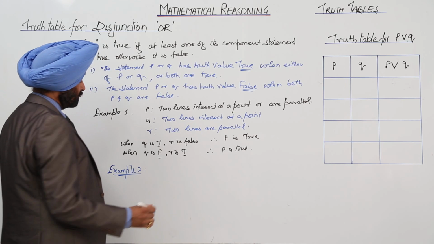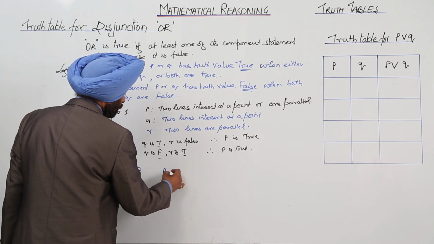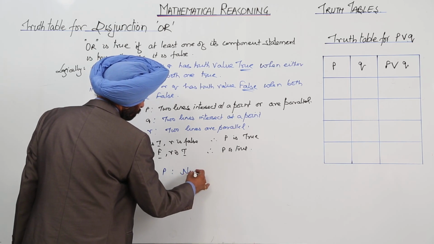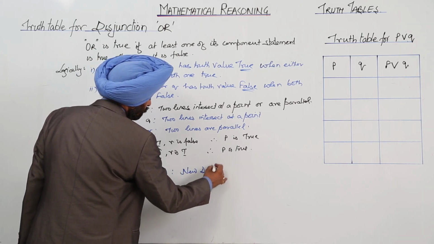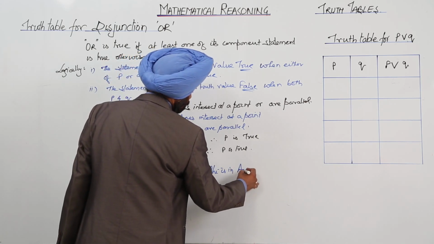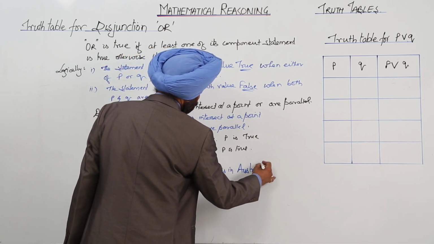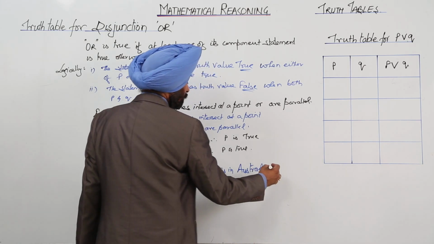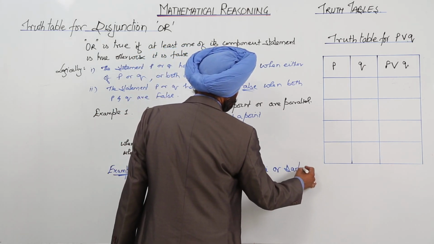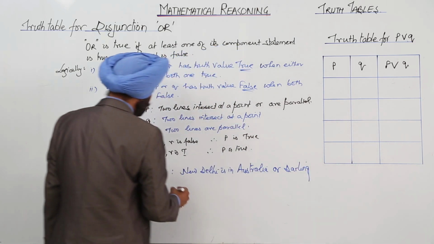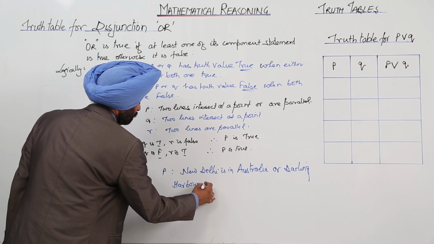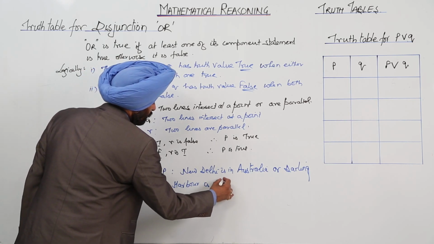Now example 2: the compound statement P is, New Delhi is in Australia, or Darling Harbour is in Mumbai.